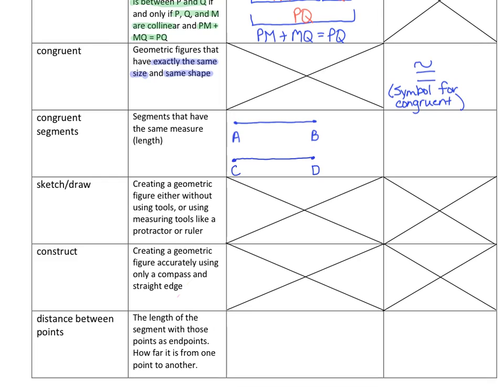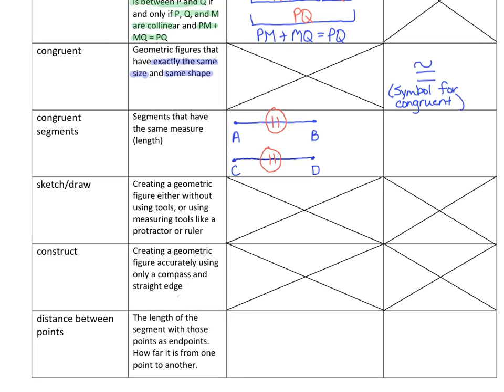So we have marks that we put on segments to show that they are congruent. Some of you may be familiar with these, others not. We use something we call tick marks. If I put two tick marks on this segment and two tick marks on that segment, that tells you those two segments are congruent to one another. I'm just going to circle those tick marks so they stand out.